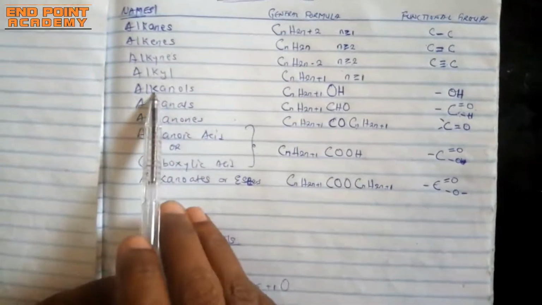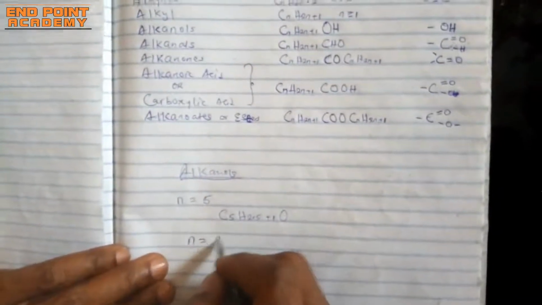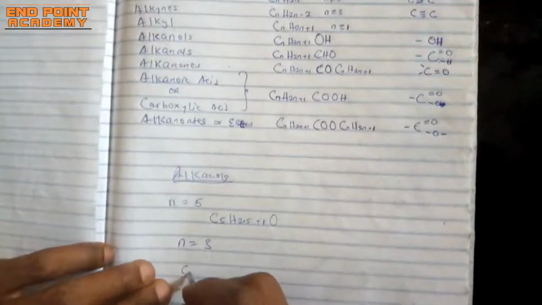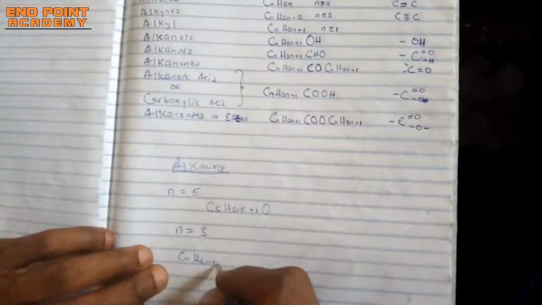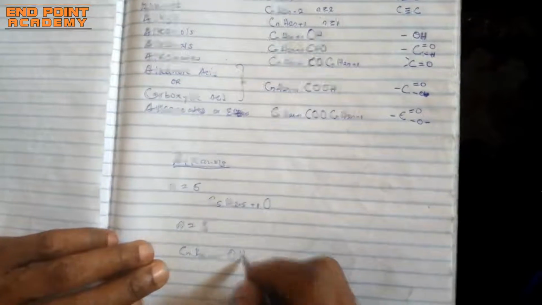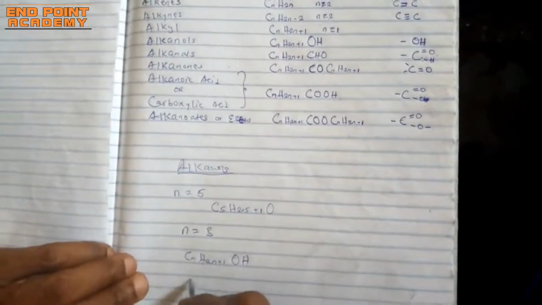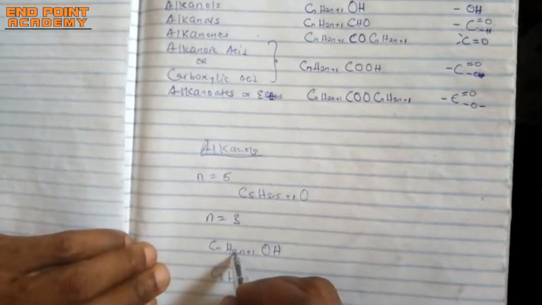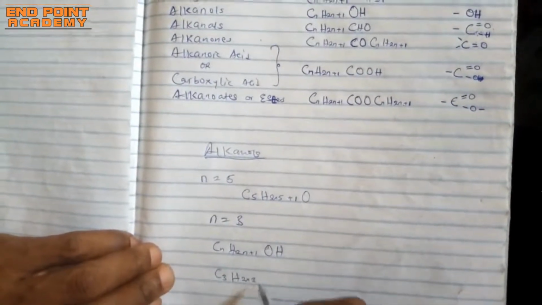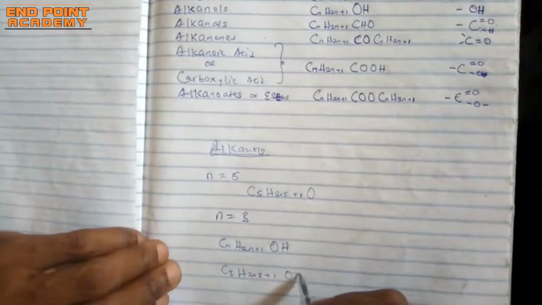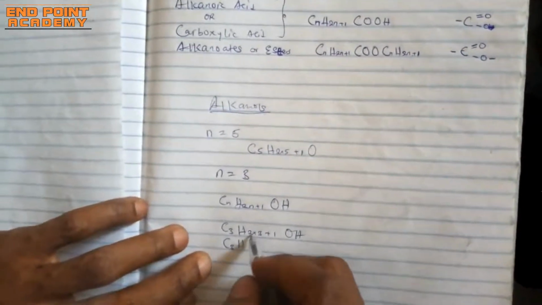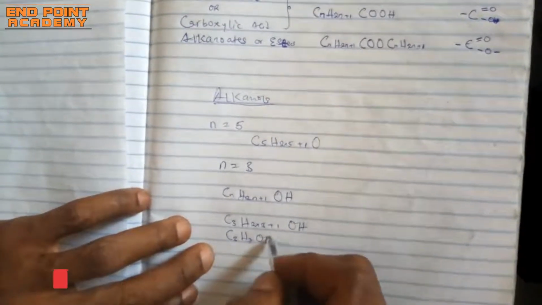Now let's consider a few examples. Let's say under the alkanols, your n is equal to 3. If your n is equal to 3, the formula for alkanol is given by CnH2n+1OH. Now substitute n to be equal to 3. What do you have? You have C3H, 2 times 3 plus 1, OH. So I'm having C3H7OH.